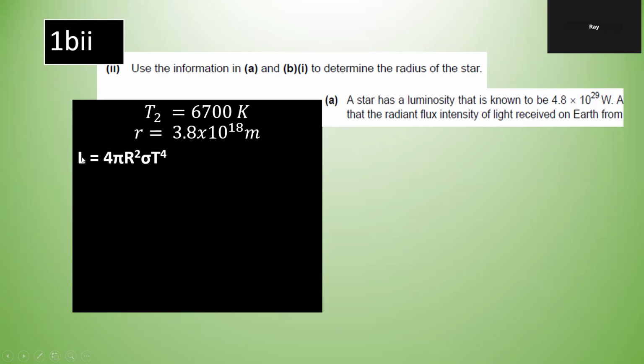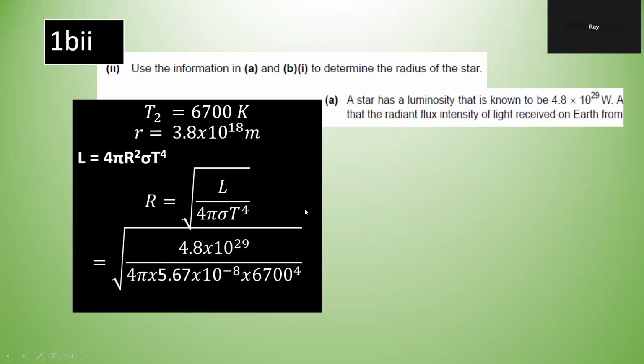Get the formula. Luminosity equals 4 pi r squared sigma T to the power 4. That is the radius of the star. Subject R. Take your 4 pi sigma T to the 4 to the other side. Then square root it. Put in your value. Any comment?